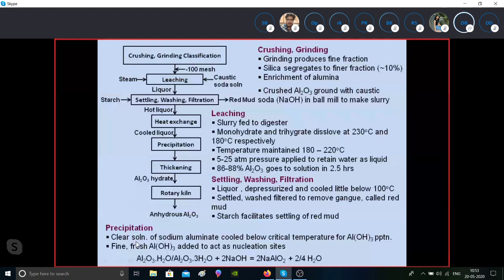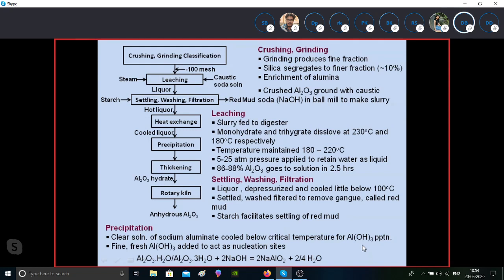I'll touch upon this again in the very next slide. So what I'm saying here is, the moment it is cooled, sodium aluminate is transformed into sodium hydroxide and precipitates out. We add a certain amount of fresh sodium hydroxide in the solution to act as a seed which hastens the formation of aluminum hydroxide.